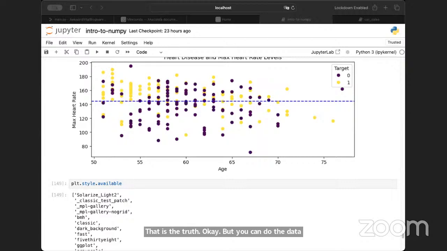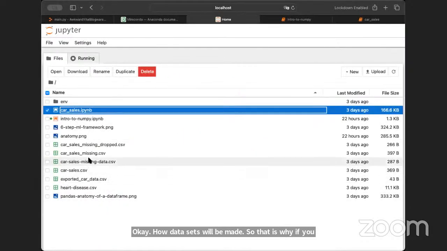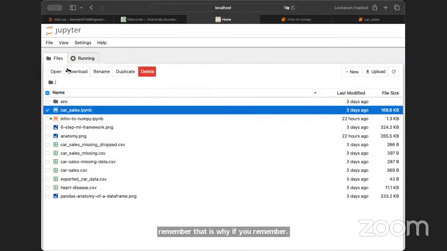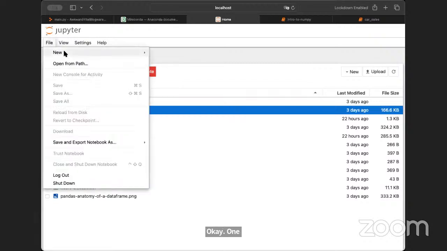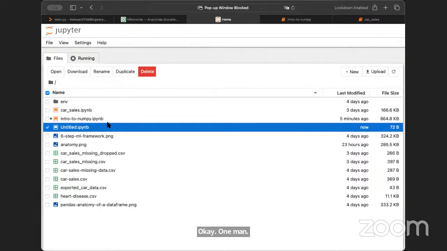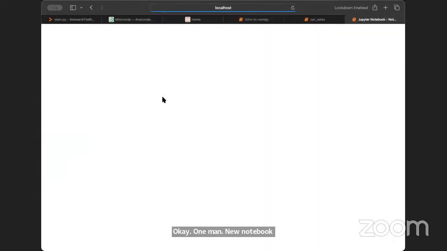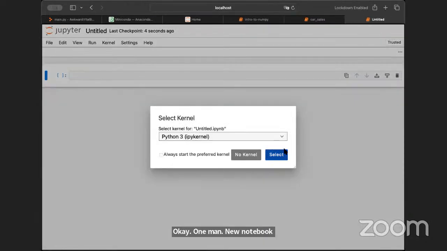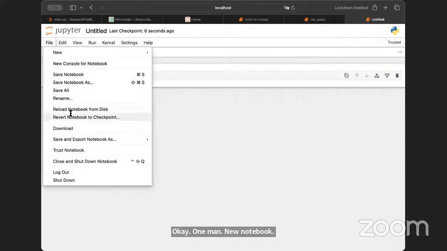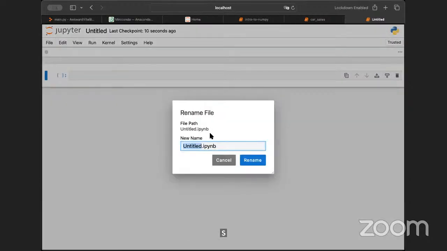Okay. How will data sets be made? That is why, if you remember, one minute, new notebook, file, rename. Let's name it sklearn.